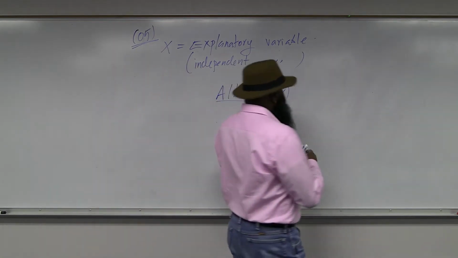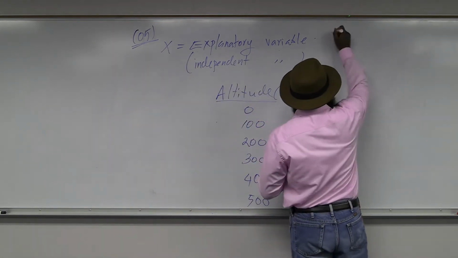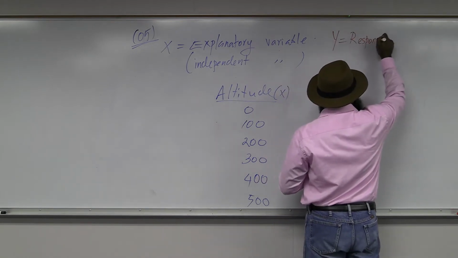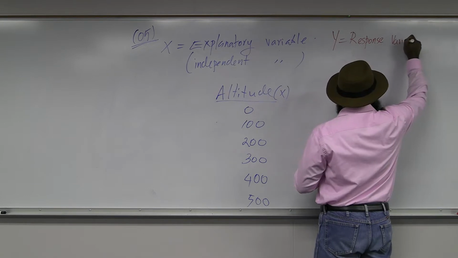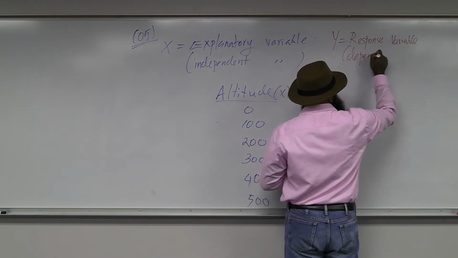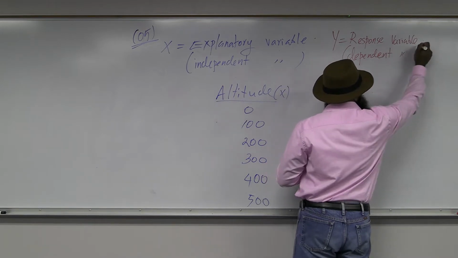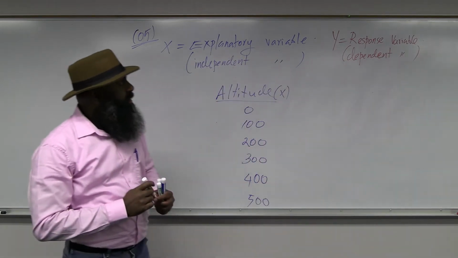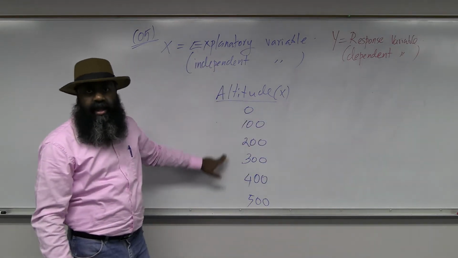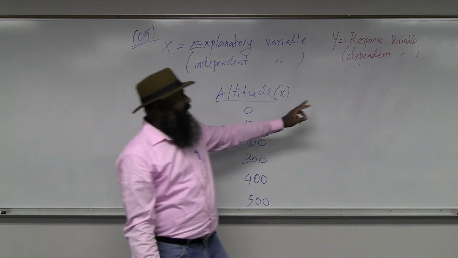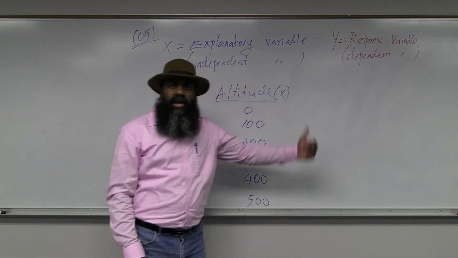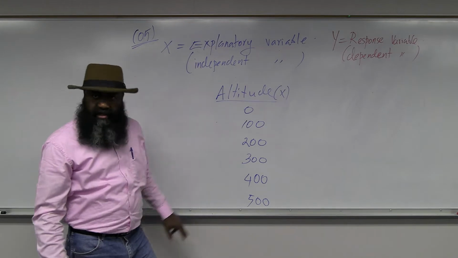So the variable y is called the response variable, or in mathematics the dependent variable. The reason why we call it the dependent variable is because it's going to depend on these selected x values. In statistics, we call it the response variable because that's the response I'm going to collect at these x values.